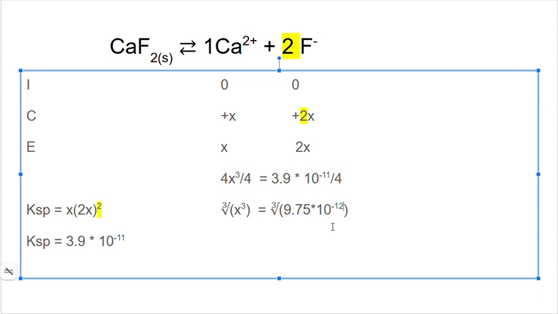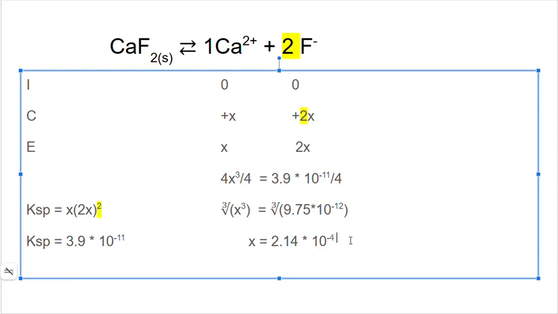So I click on the math button, then click number 3. Oh, sorry, my bad, math 4. And my x value that I'm getting over here is x equals 2.14 times 10 to the exponent negative 4.